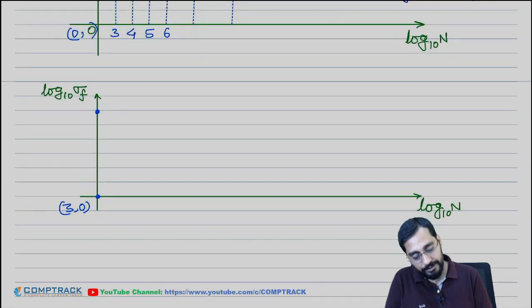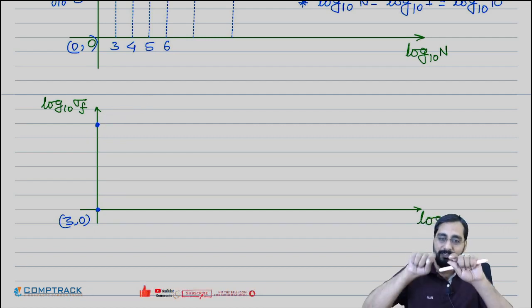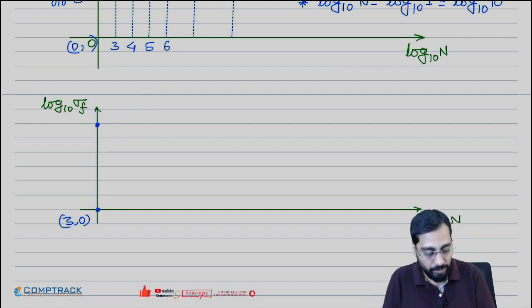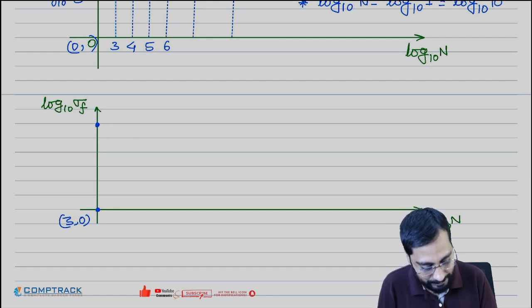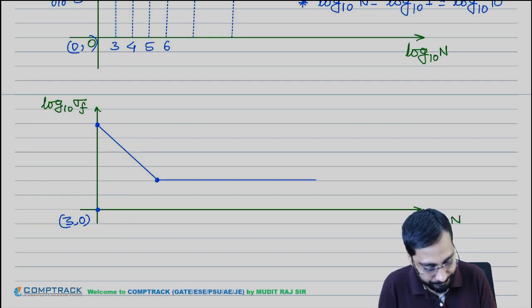But in case of steel, it is assumed that it will complete 10 to the power 3 cycles at least. So in case of steels, the curve starts like this.